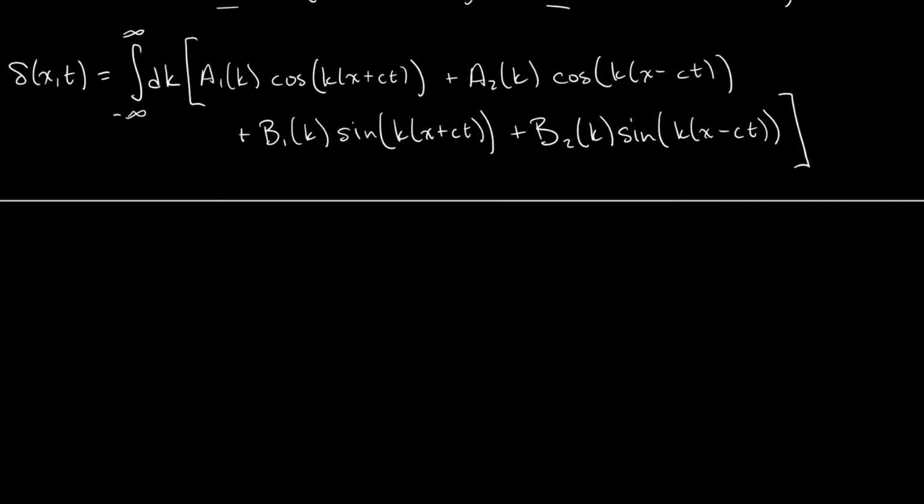But yeah. Okay, so the final thing is something special about the one-dimensional wave equation, which is the fact that if you look at this, everything is in terms of either x plus ct or x minus ct. That's the only dependence on x and t that I have. The integrals don't affect that, because the integrals are only over k.